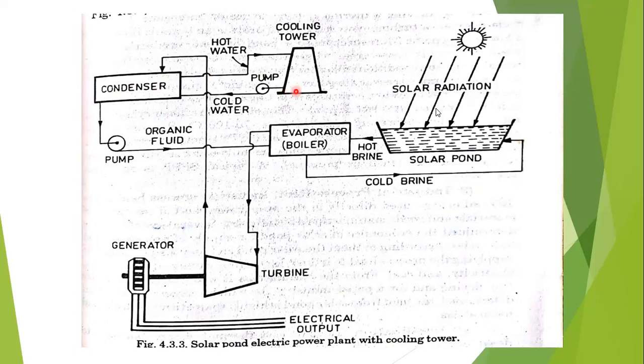The cool water pumped from the cooling tower makes the vapors entering the condenser into fluid. Then this water is pumped back to the evaporator, and the cycle is repeated.